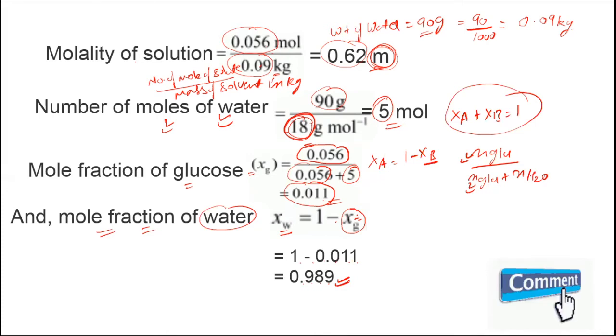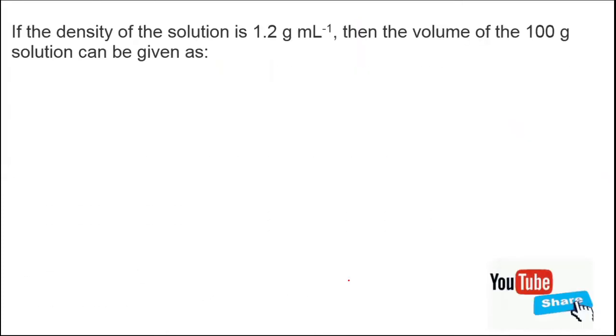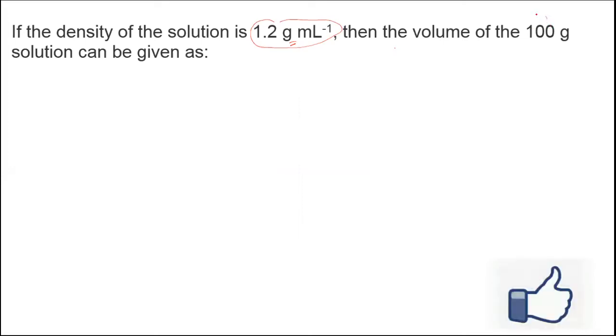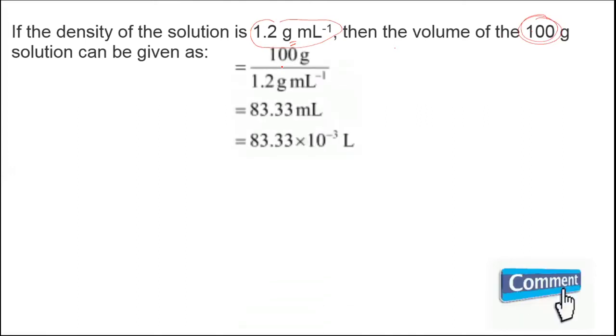Now we will calculate the molarity. We know in the question density is given, that is 1.2 gram per ml, and the volume of the solution we have to find out. There is 100 gram, the mass of the solution that is given. So how will we calculate the volume of the 100 gram of solution?